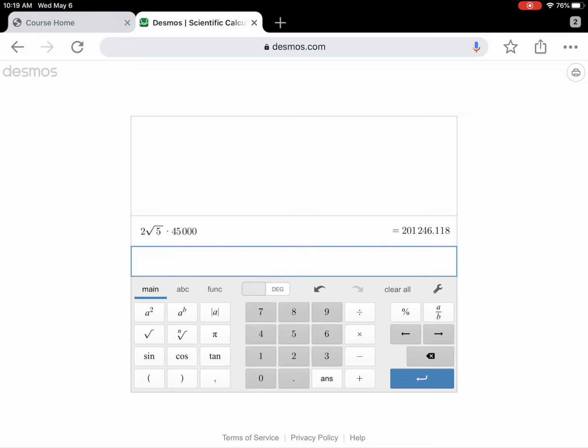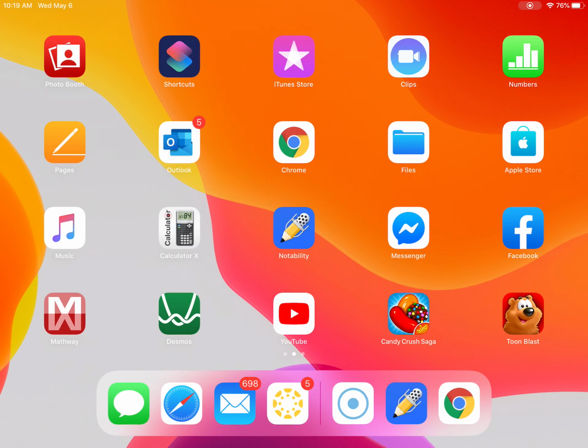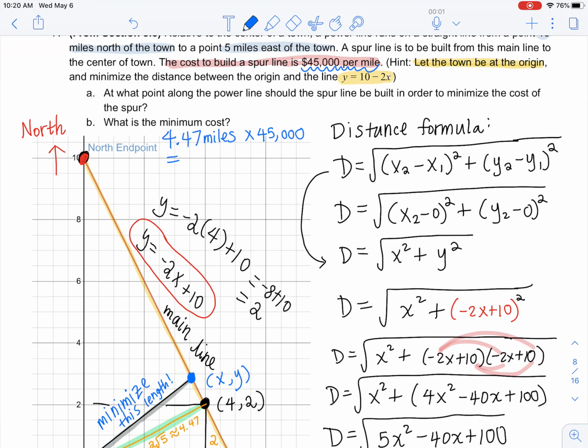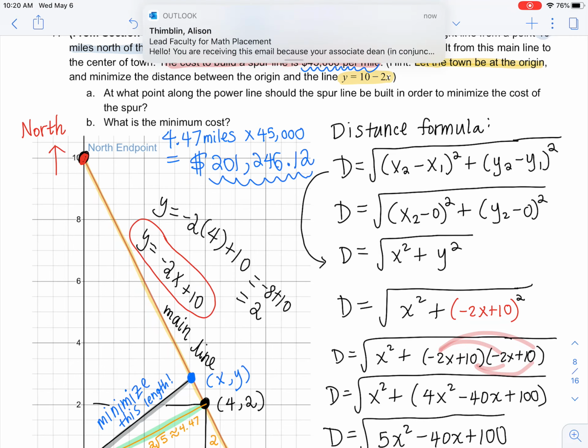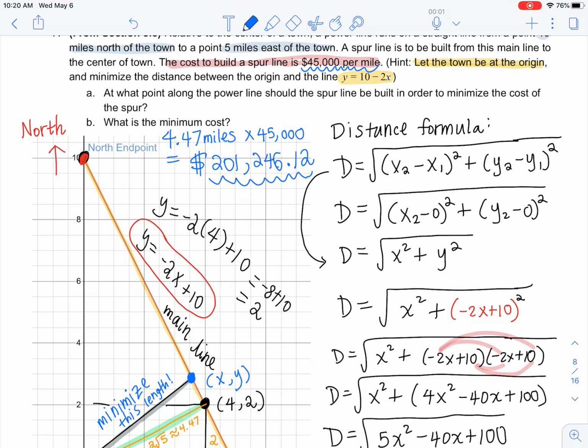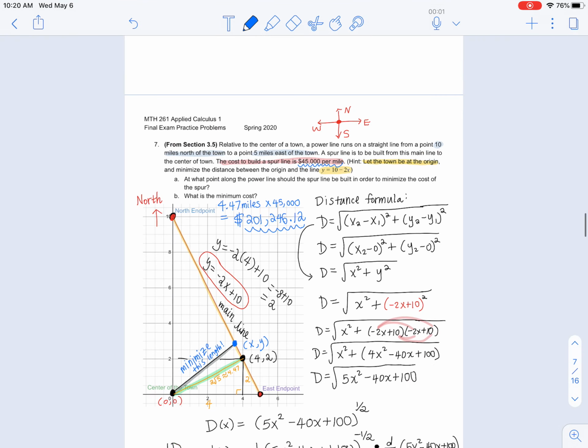I'm taking a picture of this so that I can go write this down and compare it to the answer that I got earlier. So this one, the answer should be $201,246.12. And that sounds expensive, but that is the minimum cost, because that is the shortest distance, right?